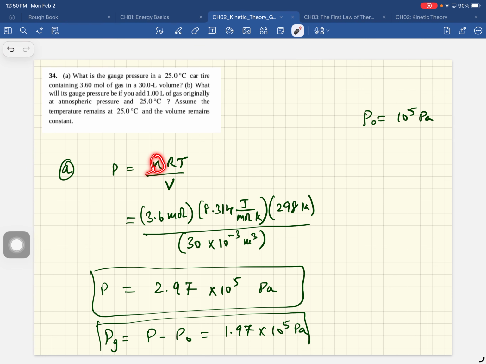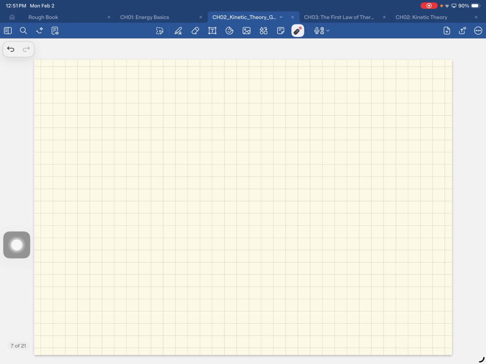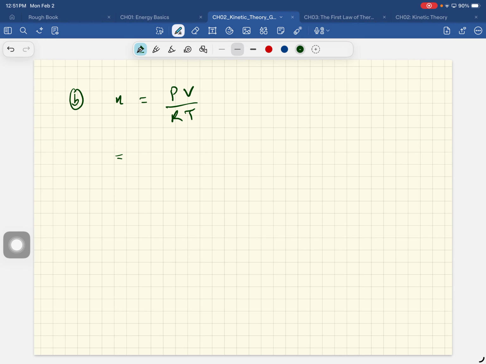So this is 100 divided by that. All right, so you added 0.04 moles of gas.